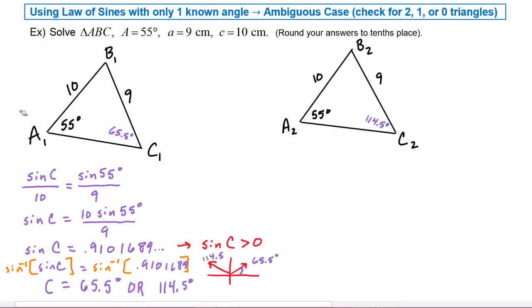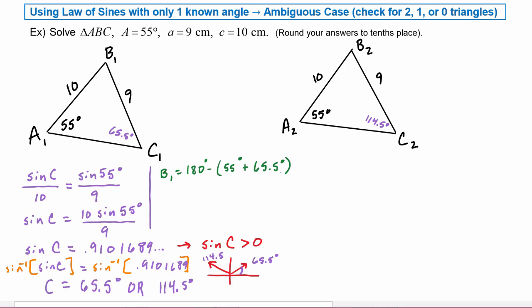We'll go ahead and finish the first triangle. Now we can find angle B really easily by using the triangle sum theorem. So we know that B1 is going to equal 180 degrees minus the sum of the other 2 angles, which is 55 degrees plus 65.5 degrees.